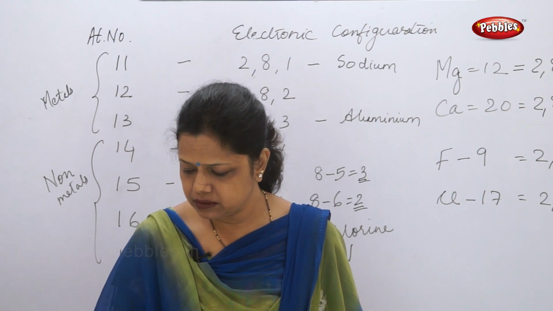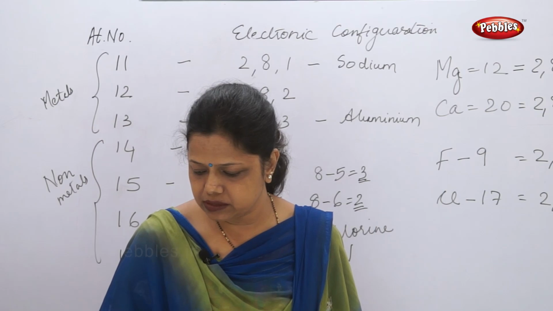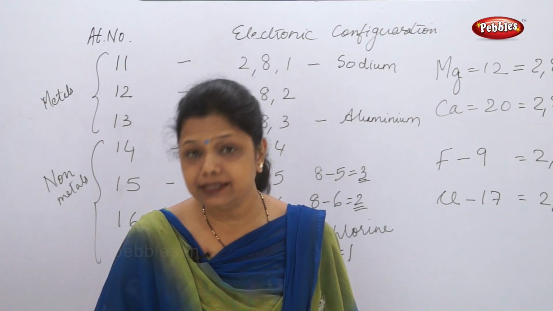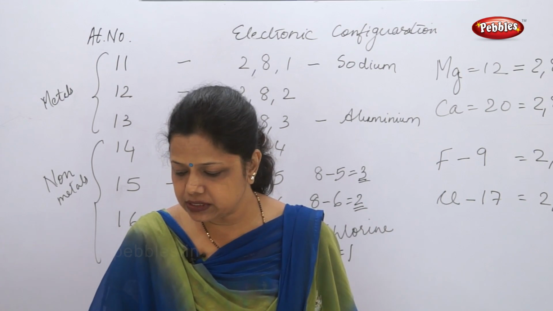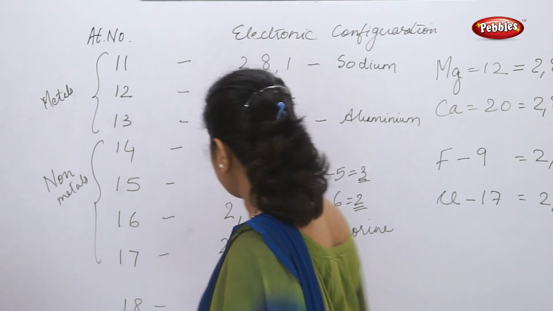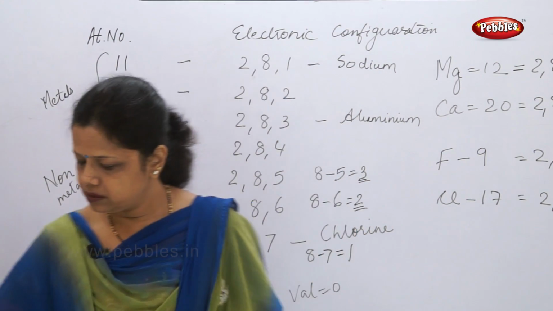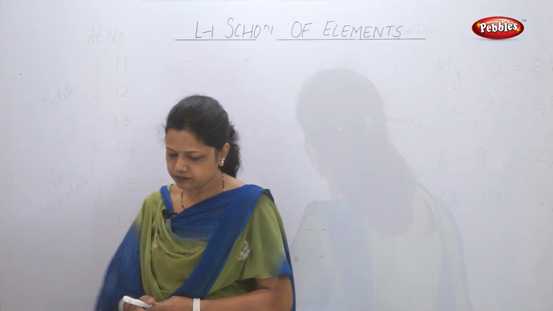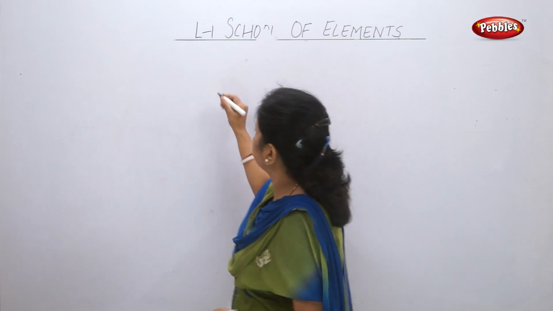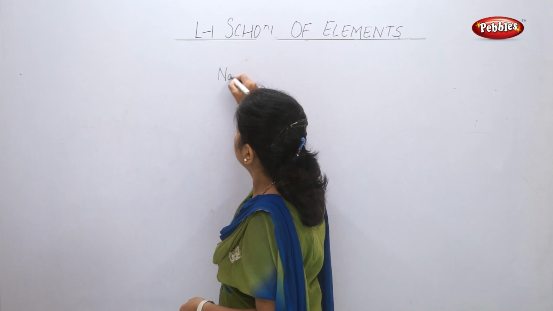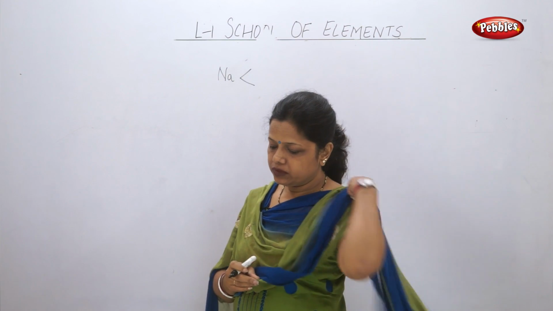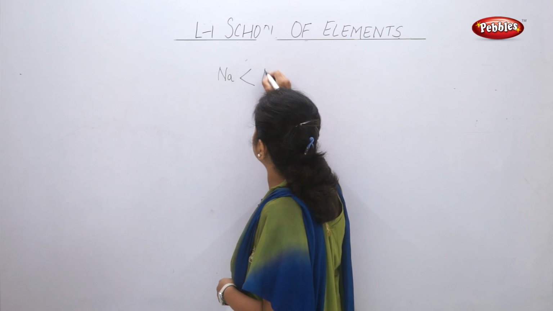Which is the biggest? 160 is the biggest. So 160, that is magnesium. No, 190 is the biggest. That means first is sodium. You can write the decreasing order also. 190 is sodium. So sodium first, then magnesium, that is 160.